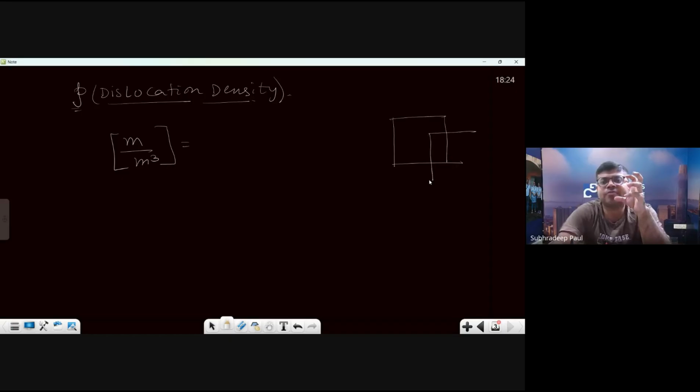Understanding these basics is very, very important. That is what is going to make you strong in metallurgy compared to the rest of the crowd.